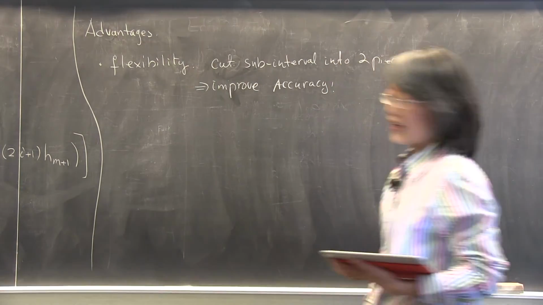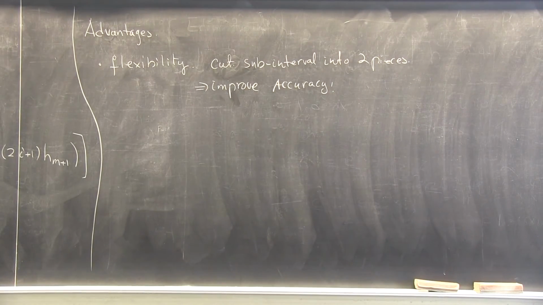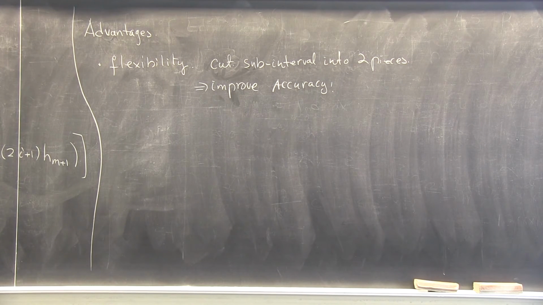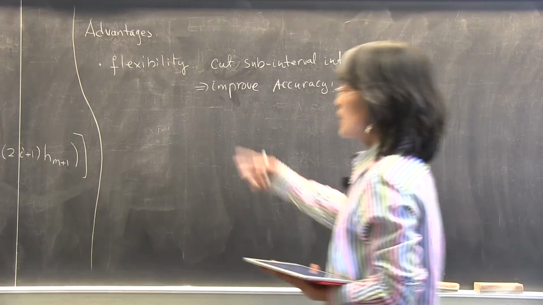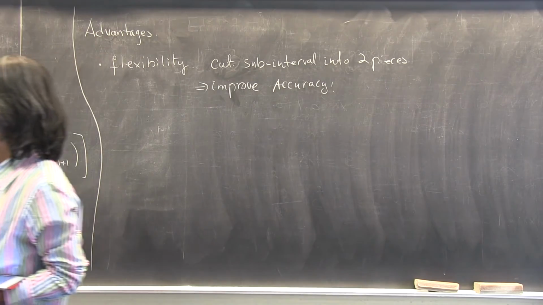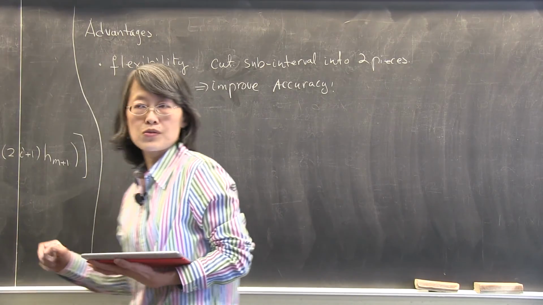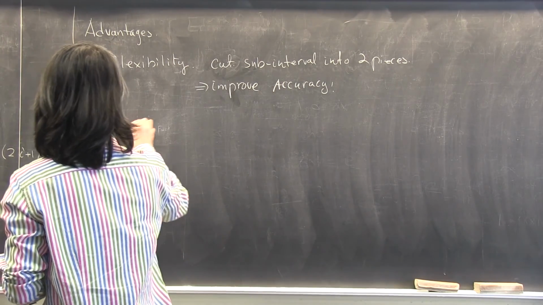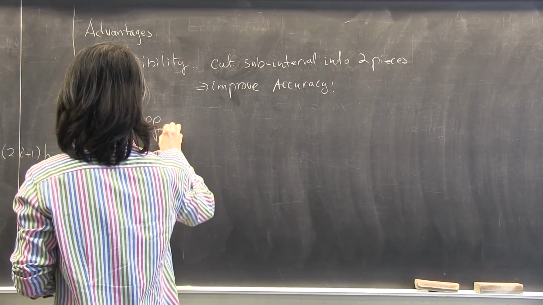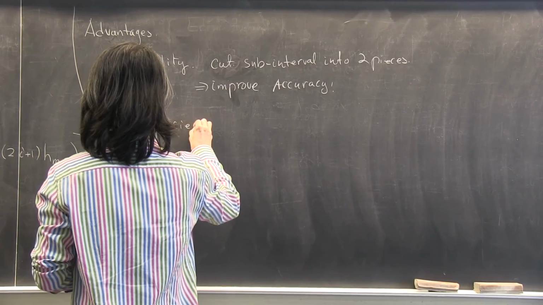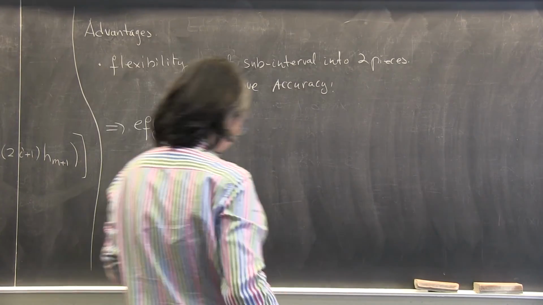Okay, so it's flexible, and then after that, if it's still not good enough, you can take one more step, right? So it allows you to kind of fine-tune your result, and also in the process, you never waste extra computational time by doing unnecessary function evaluations, right? So I have to say, it's also pretty efficient.